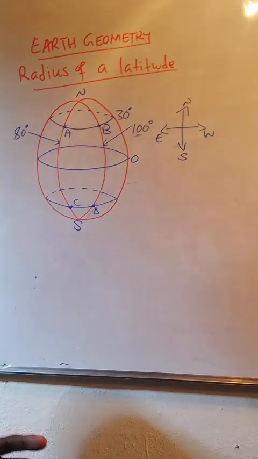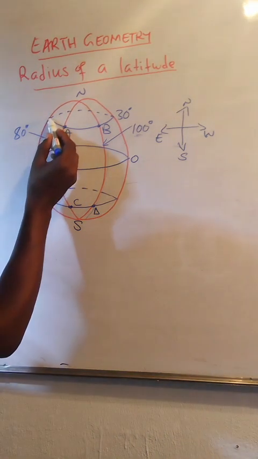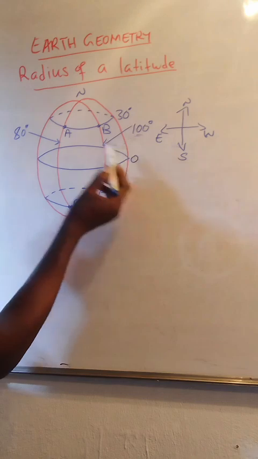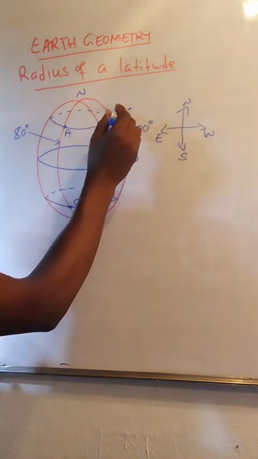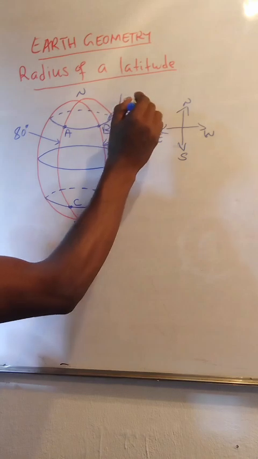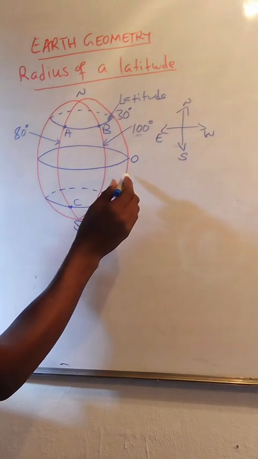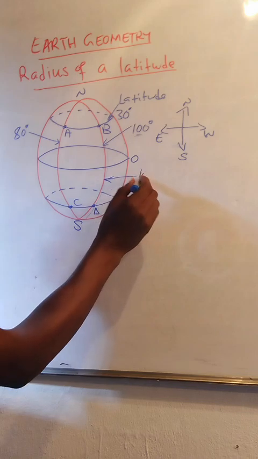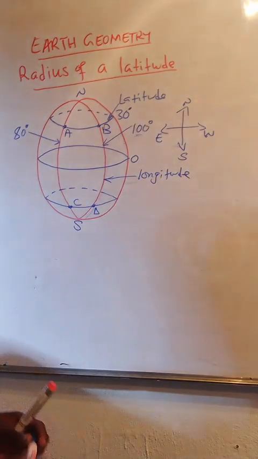The other thing that we are supposed to understand now is that the lines that run from east to west are latitudes, okay, and these are longitudes.